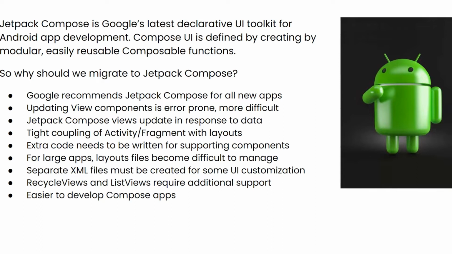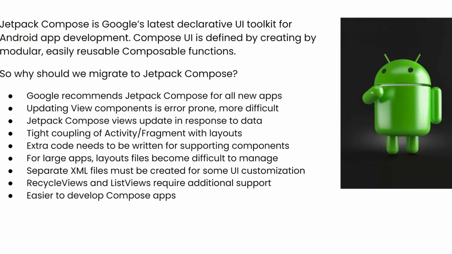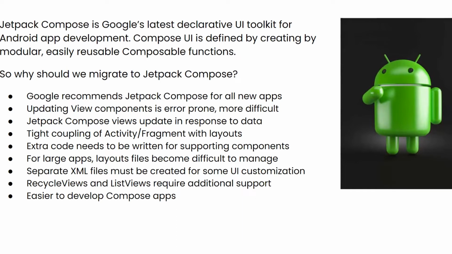For larger apps, layout files can become very difficult to manage, and this is especially true for applications that don't utilize a multi-modular architecture. The layout files within your app module can become very, very difficult to manage. You can do so using some naming conventions, but really there's no way of getting around the monolithic growth of that particular layout directory.